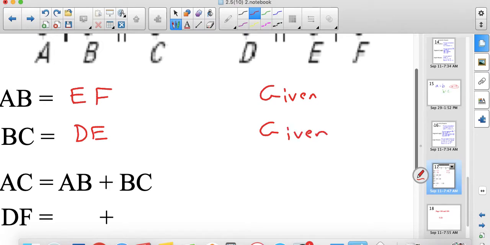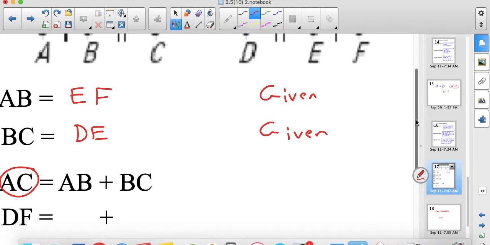All right, now comes my first piece of advice when we're working with proofs. Always look to see: have you talked about that piece yet? If you have, how did it change? If you haven't, go look at the picture and ask why you are allowed to say this. Now we are talking about segment AC. We have not talked about segment AC at all yet.